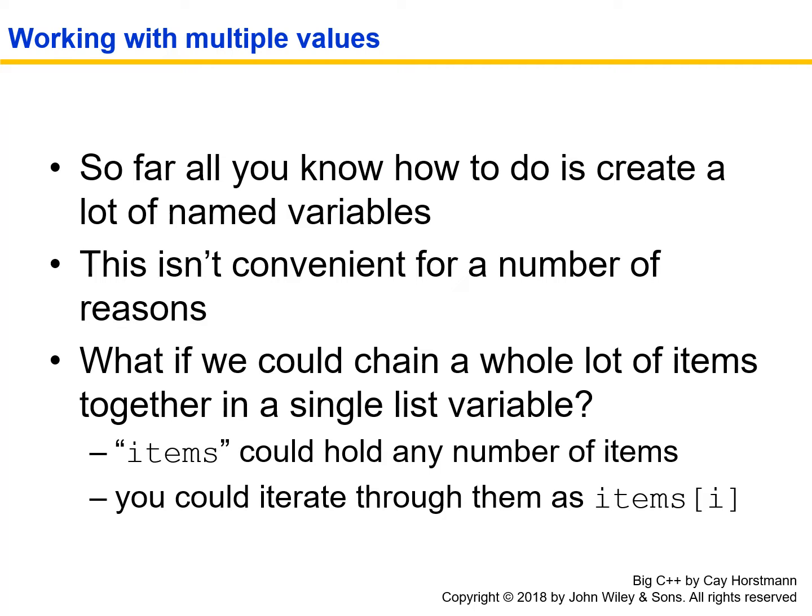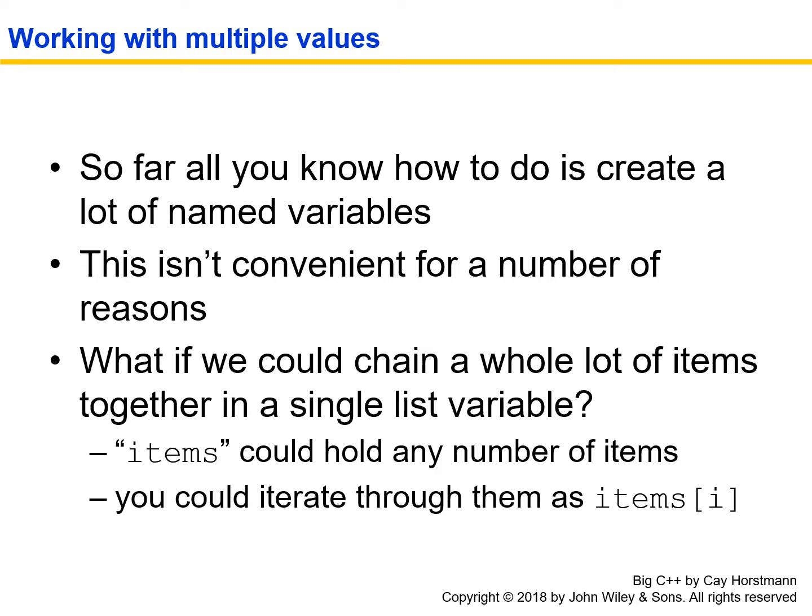What if we could chain a whole lot of items together in a single variable? In common English, we might call it a list variable. And in fact, in C#, there is a type of variable called a list, but in C++, list has a completely different meaning that you might get into in your Programming 3 course.